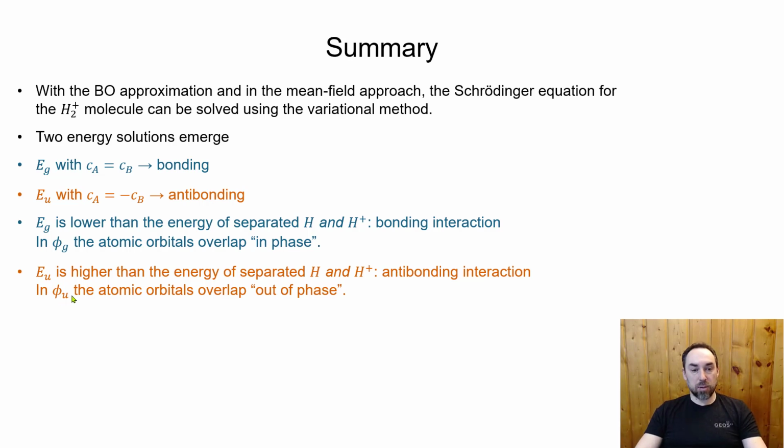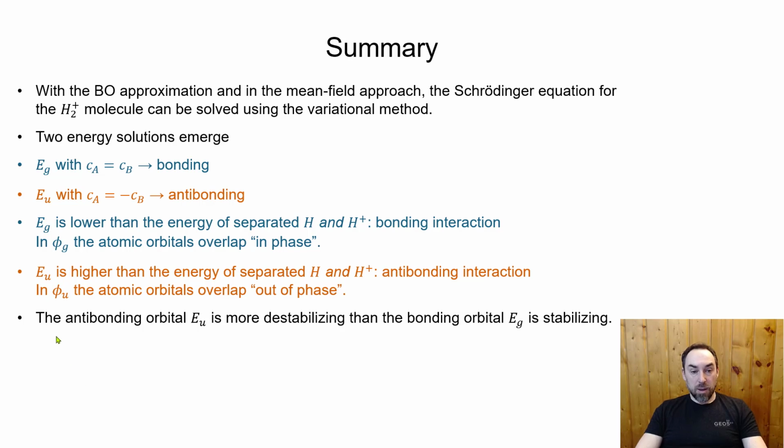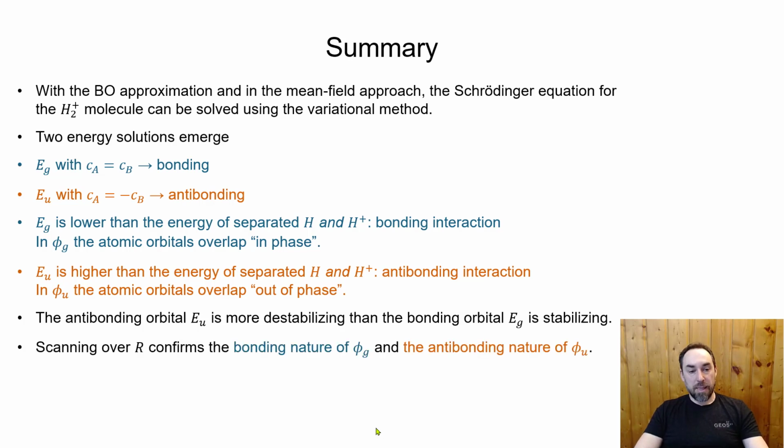And in that solution, the atomic orbitals interact and overlap out of phase. We also learned, and that's important to keep in mind, that the anti-bonding orbital EU is more destabilizing than the bonding orbital EG is stabilizing. Remember, that's important for when we look at many electron atoms and many electron molecules and electron configurations of them.